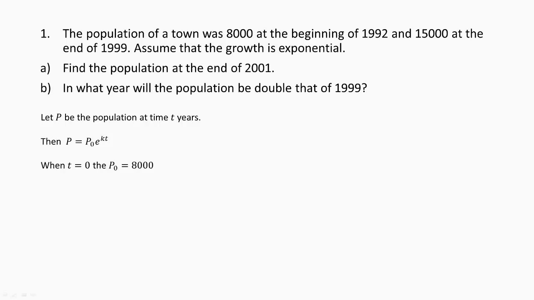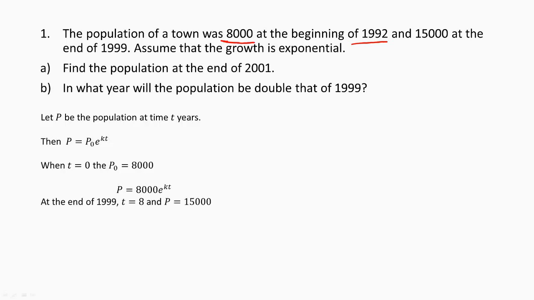It tells us the initial value, 8,000 at the beginning of 1992. So we'll say 1992 means time equals 0. The initial population is 8,000. So we substitute that 8,000 into the equation, so the population at any time is 8,000 e to the kt.